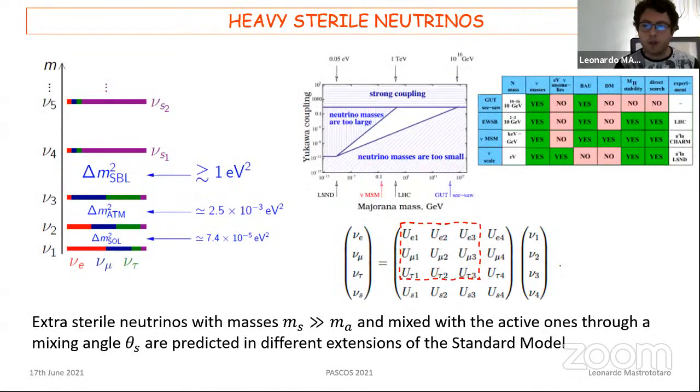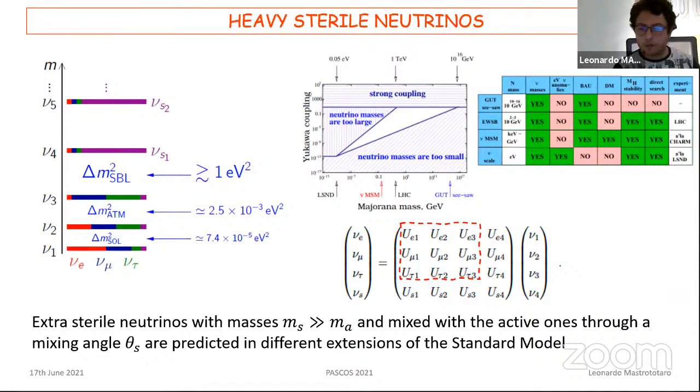Sterile neutrinos emerge quite naturally by enlarging the Pontecorvo matrix, adding a fourth mass eigenstate. The mass of the sterile neutrinos is a free parameter of the model, and for various mass scales, they can solve a lot of the problems of the standard model, like the baryon asymmetry, the dark matter, the instability.